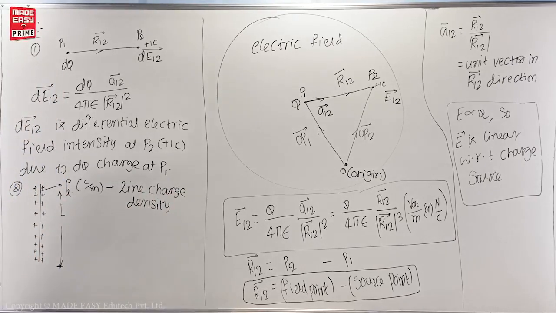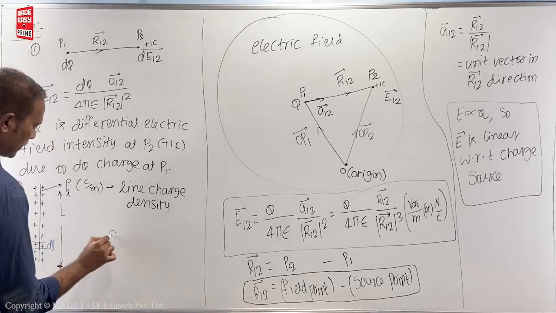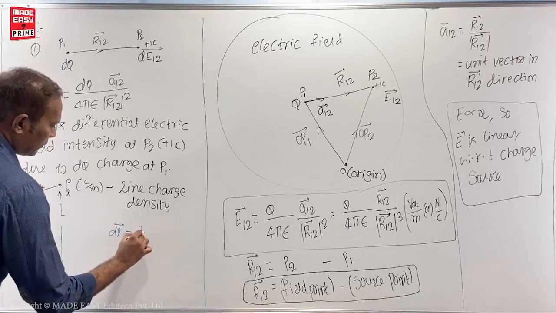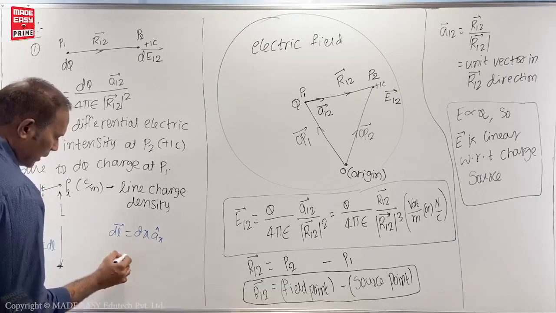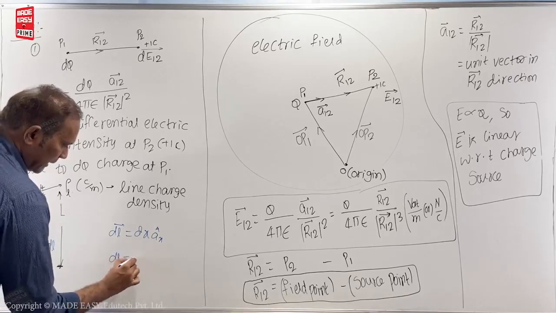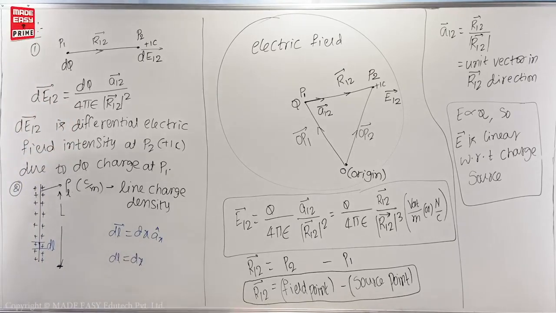Now already you know all the things. If you take dl length here, dl is scalar. For example, if dl bar is equal to dx ax, then dl means only scalar, that means dx actually. Now how much charge is there in the small length? Let us say dq charge is there.